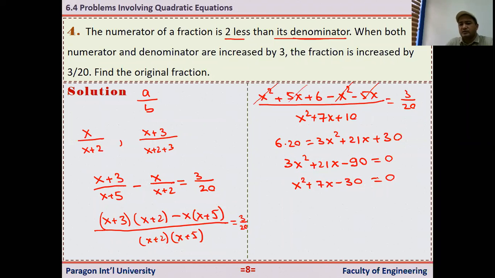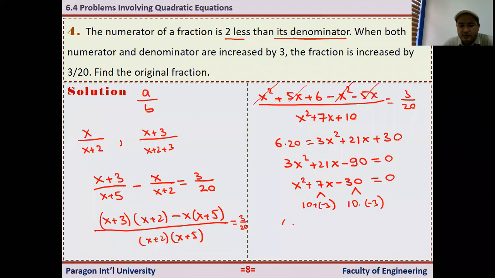And actually, I suggest you always try factorization. If it doesn't work or it is more complicated, then we can use the formula. Here, the coefficient of x squared is 1. So can we find two numbers whose product is negative 30 and their sum is 7? What are those numbers? I think it's just 10 and negative 3, right? 10 plus negative 3 is equal to 7.